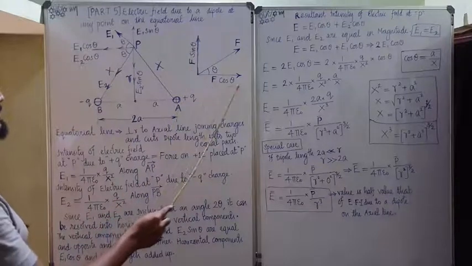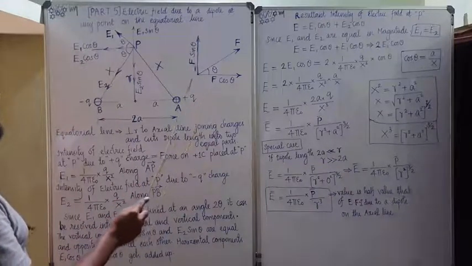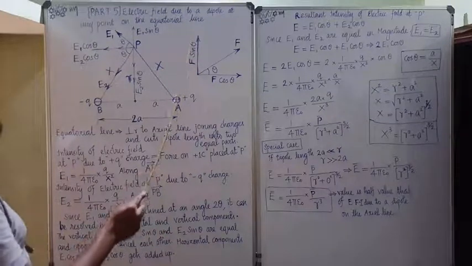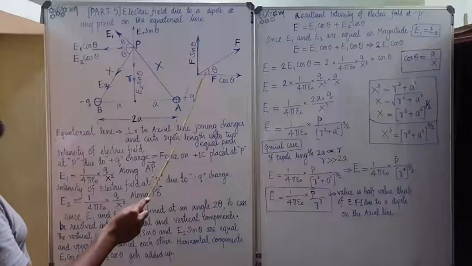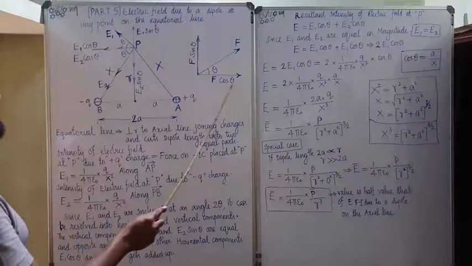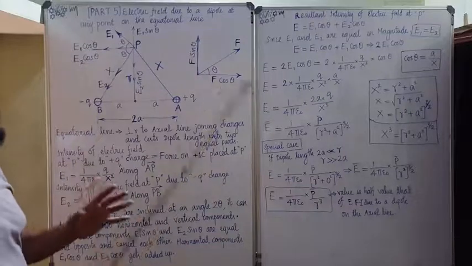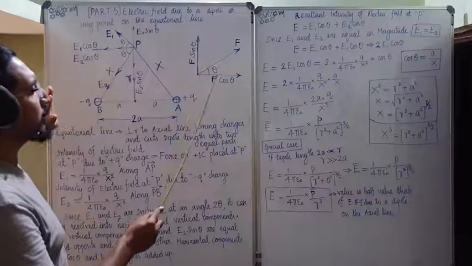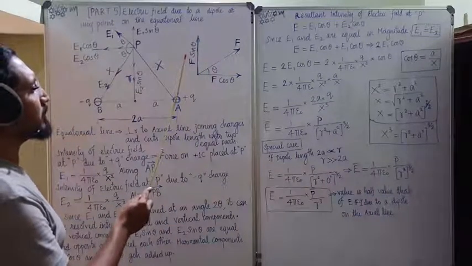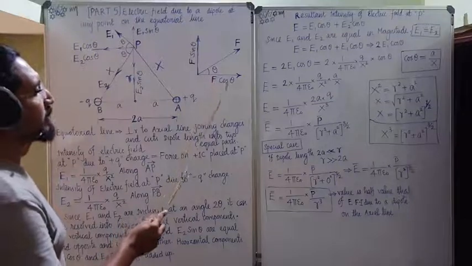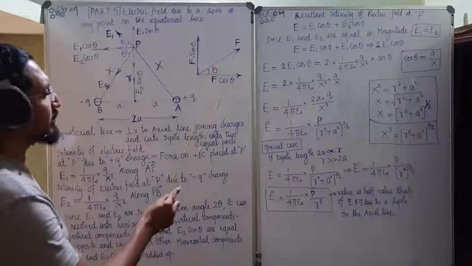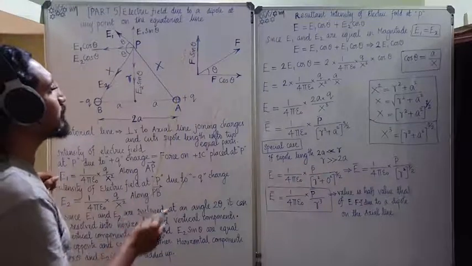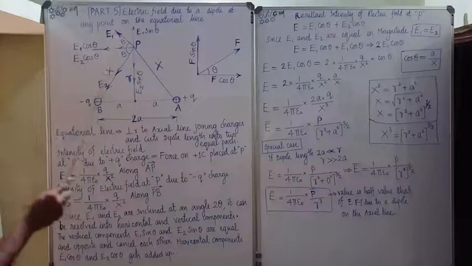The horizontal component lies along the x-axis and the vertical component is vertical. The vertical component is F sin theta and the horizontal component is F cos theta, where theta is the angle with the x-axis. This will be useful in solving all these derivations.